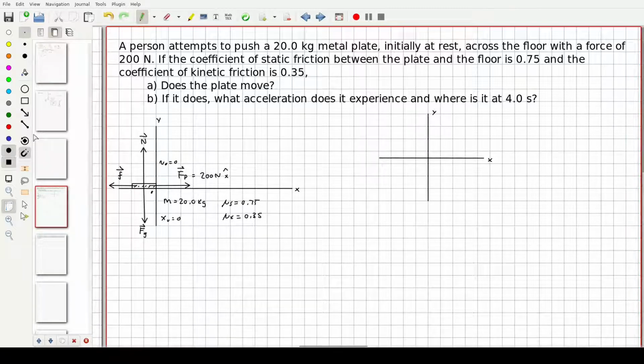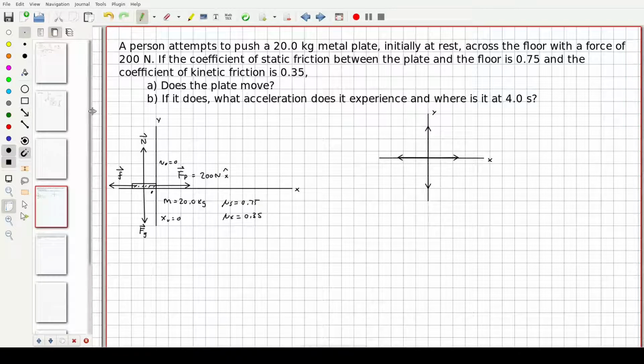So the question we're asking for part A is, when I push this thing this way, do I have enough static friction generated to prevent this push from moving it? Now, that friction is going to be a consequence of, at least because of the way the problem is, the weight of the plate pushing to the ground and creating a normal force.